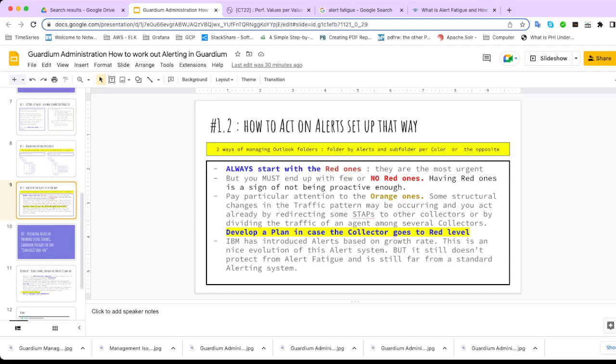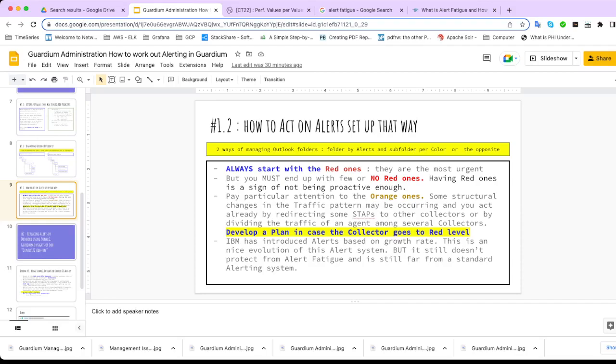It's not really a problem yet. Maybe it's just a bump, and it's going to stay at that level. That's why contextual information is very important, right? And the alert is not sophisticated enough to provide you with that.